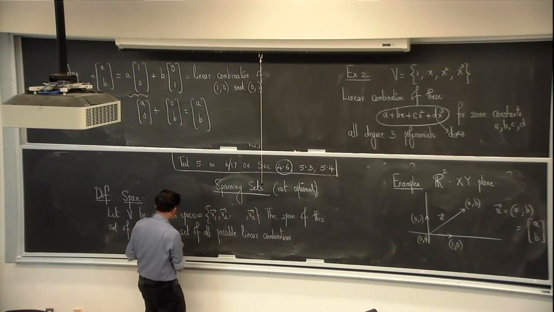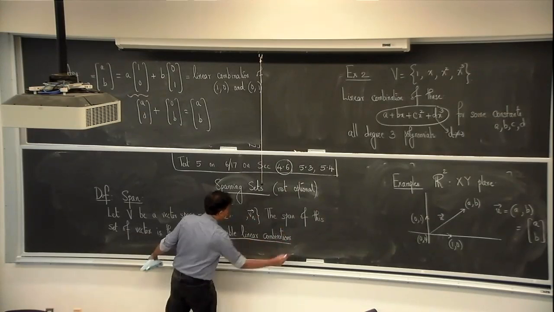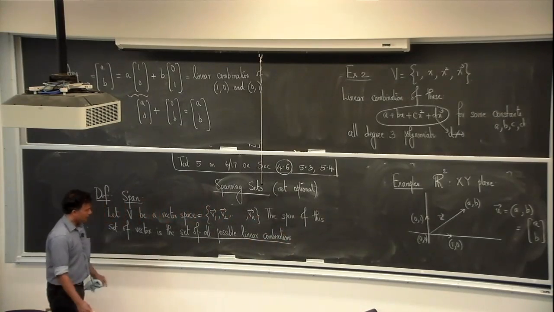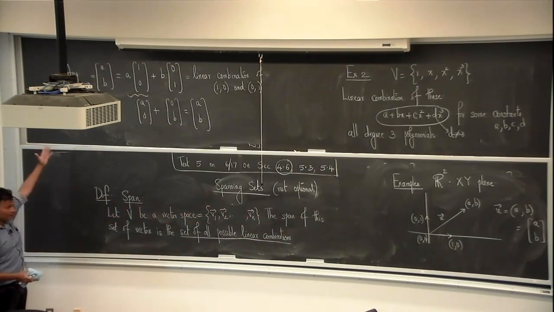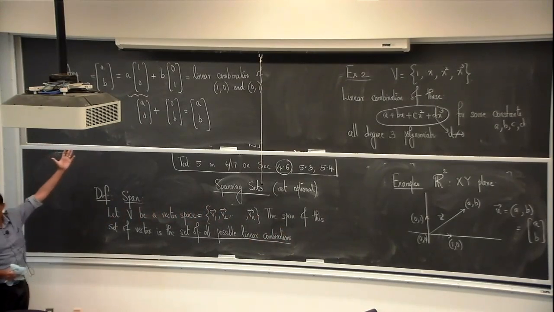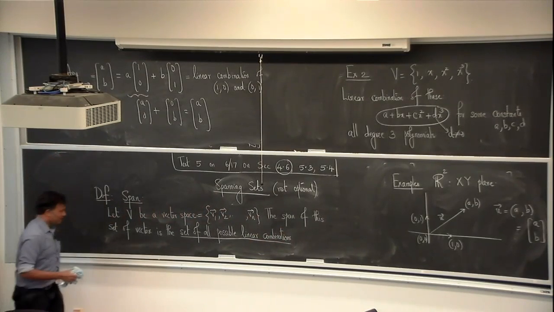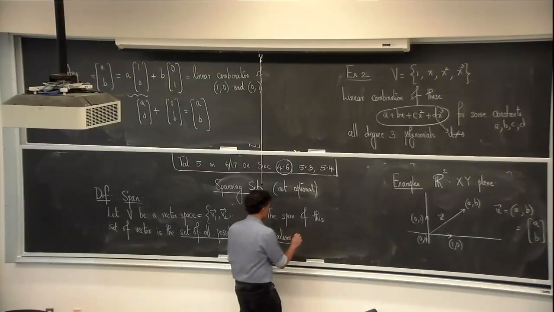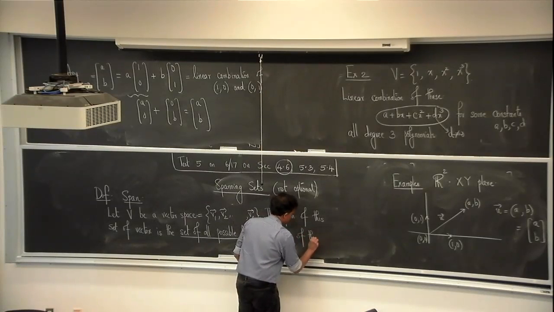Just underline this part. That is what span means. And that's why I defined linear combination first, so that you know what that means. It's a set of all possible linear combinations of these vectors.